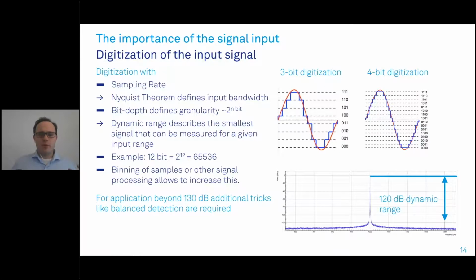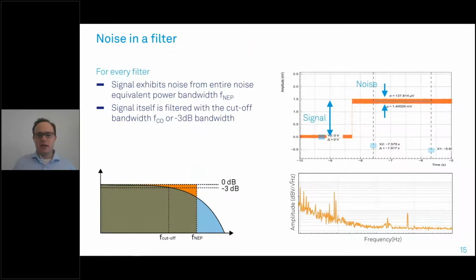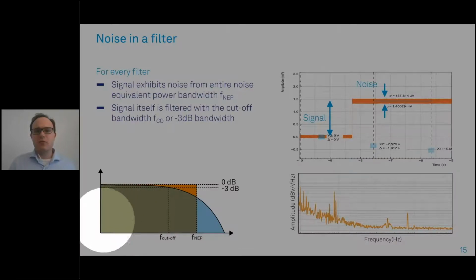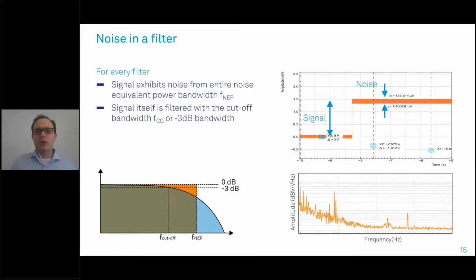Okay, now we have the digitized signal, and so we can have a look at the noise. In the beginning, the pure digitized signal exhibits noise from the entire noise equivalent power bandwidth. I depicted this here for a certain filter, and the noise equivalent power bandwidth is the rectangular filter bandwidth, where the integral over this rectangular filter and the real filter depicted in blue is the same.